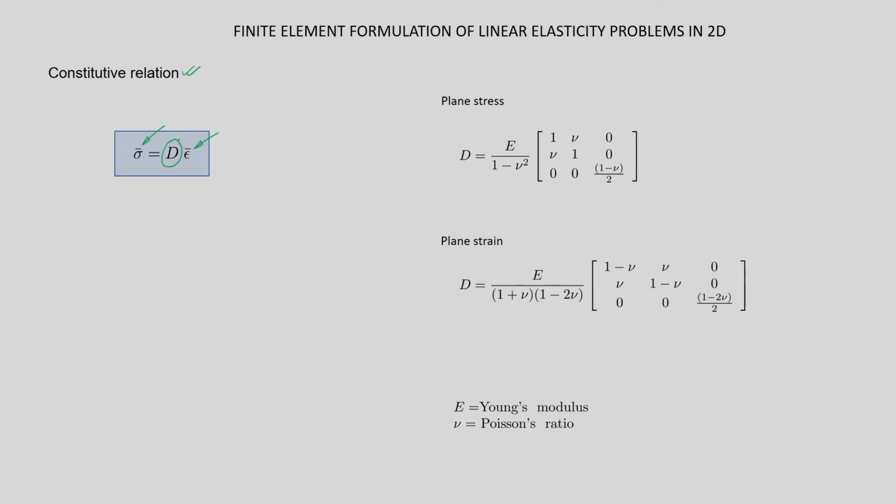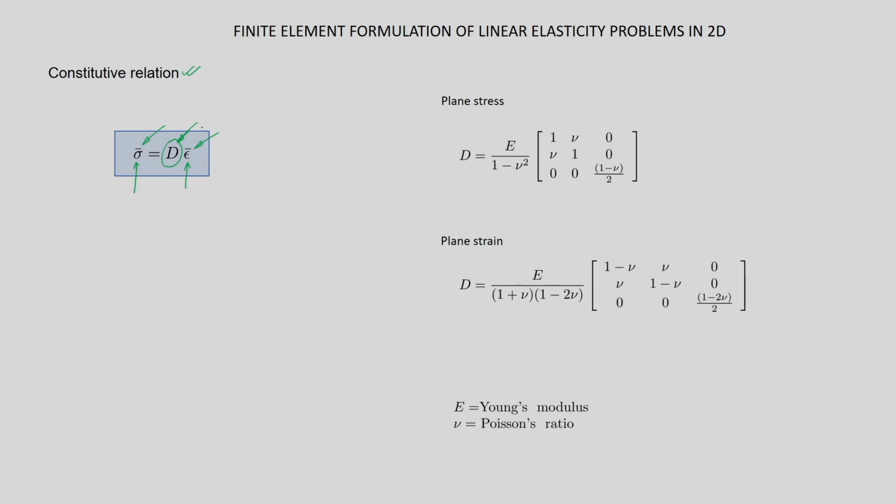Alright. So D depends on the material. Now, if we talk about the general case where we have 6 independent stress components in the stress vector and 6 independent strain components in the strain vector, in that case D will be a matrix of size 6 by 6, and we will have 36 terms.